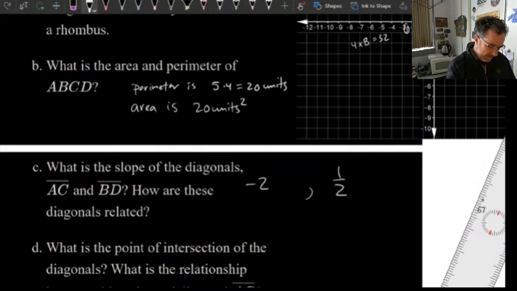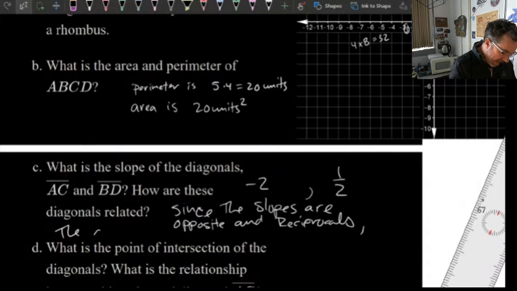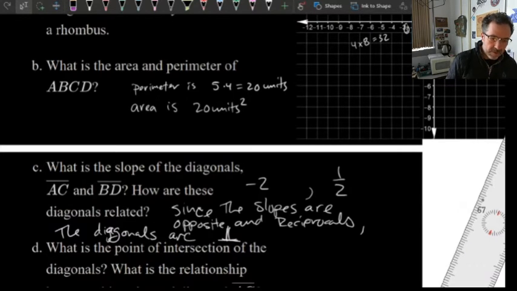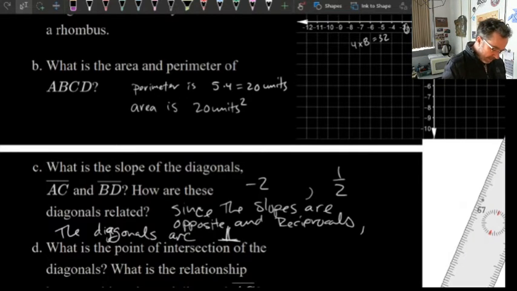Since the slopes are opposite in sign, one's positive and one's negative, and reciprocals, the diagonals are perpendicular, right? We got right angles right there. Those diagonals are meeting at a right angle in a rhombus. I don't know if it does it for all rhombuses, but it definitely does it for this one.